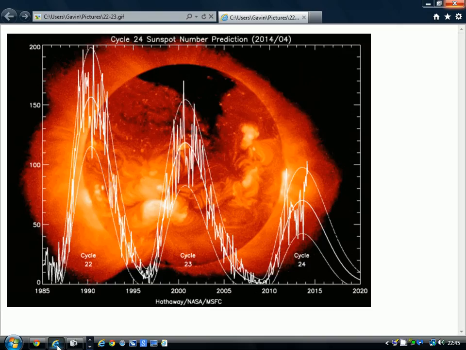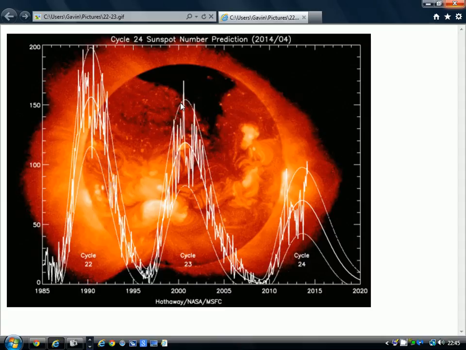This chart here really does put things into context for solar cycle 24 compared to the last two. This goes back to the middle of the 1980s. This is solar cycle 22 just here, an incredibly active cycle, which reached its peak around 1990. This is solar cycle 23, which reached its peak around the year 2000.